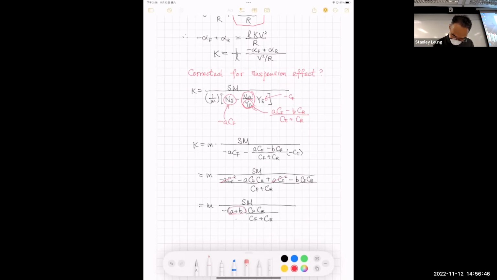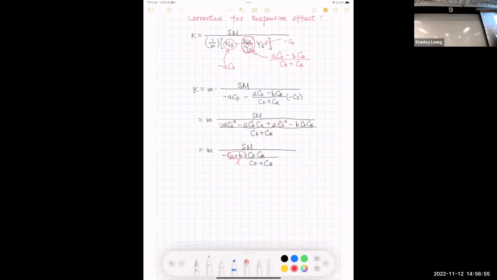This thing actually is L. So we translate it all to become the C. This is the common denominator, so this term inside, and this one is a C F plus a C F squared, a C F C R, which is the second term.